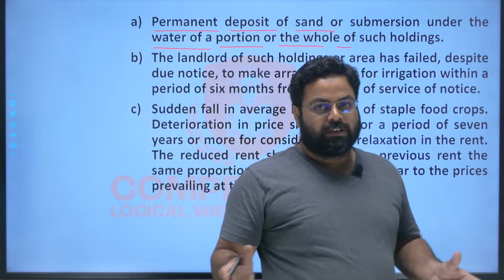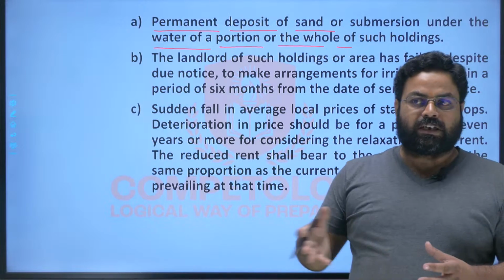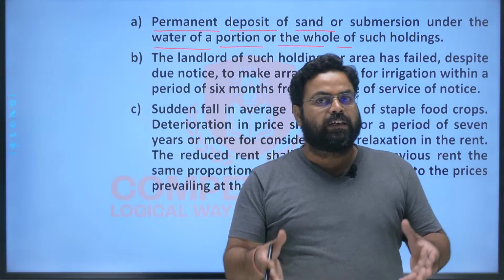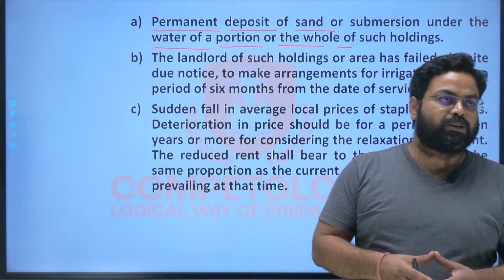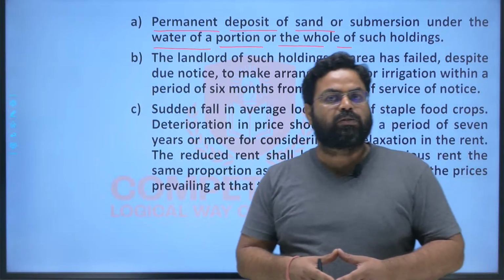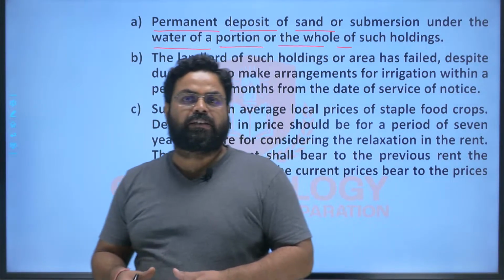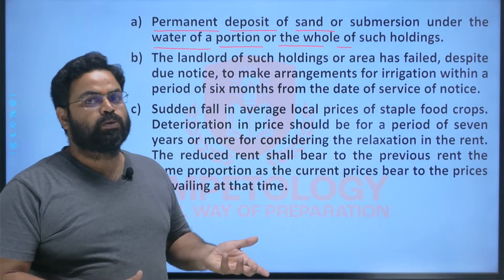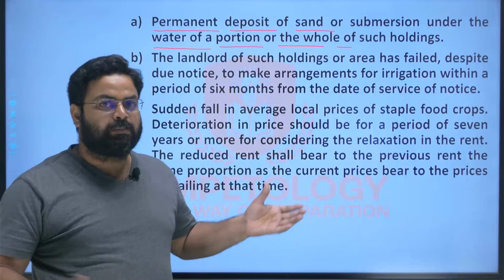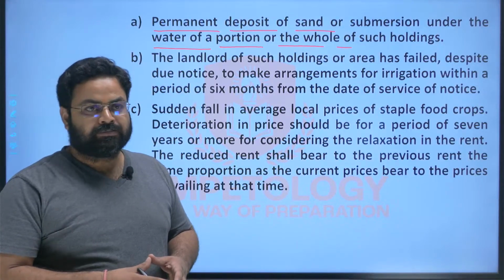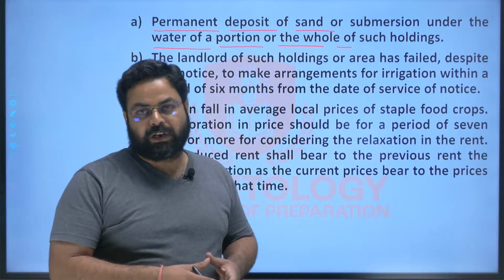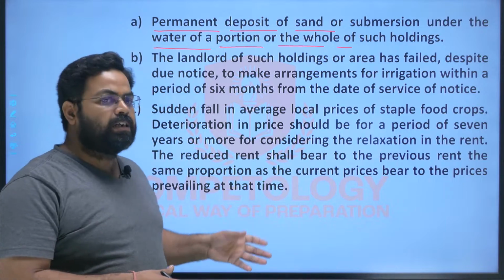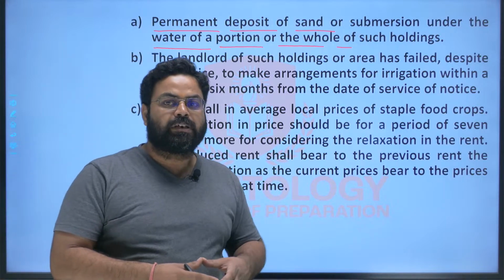So if any rayat loses his cultivable land and he is unable to cultivate that land because of permanent deposition of sand, that is, the land is unfit for cultivation due to the deposition of sand, balu pura jama ho gaya us land pe, so now it has become unproductive, then his land rent can be reduced.